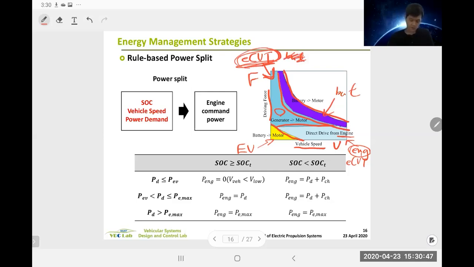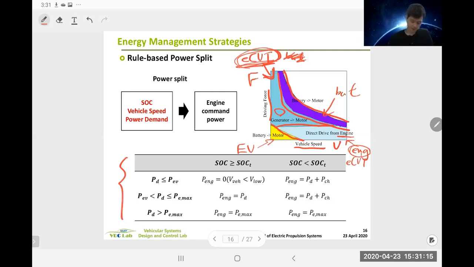But anyway, if you look at this map, this is a mode map, right? So you can see which mode the powertrain should operate. And from a logic rule perspective, we can come up with this table.